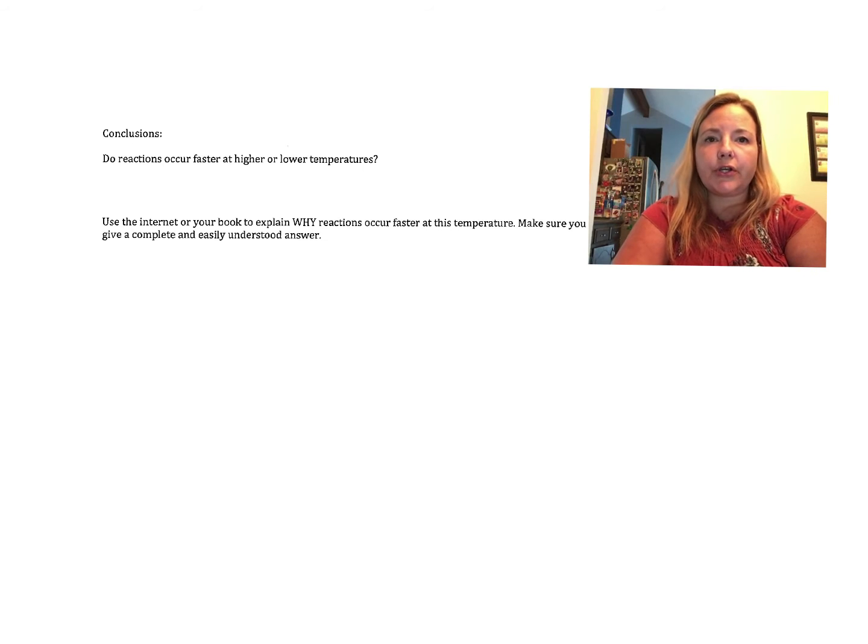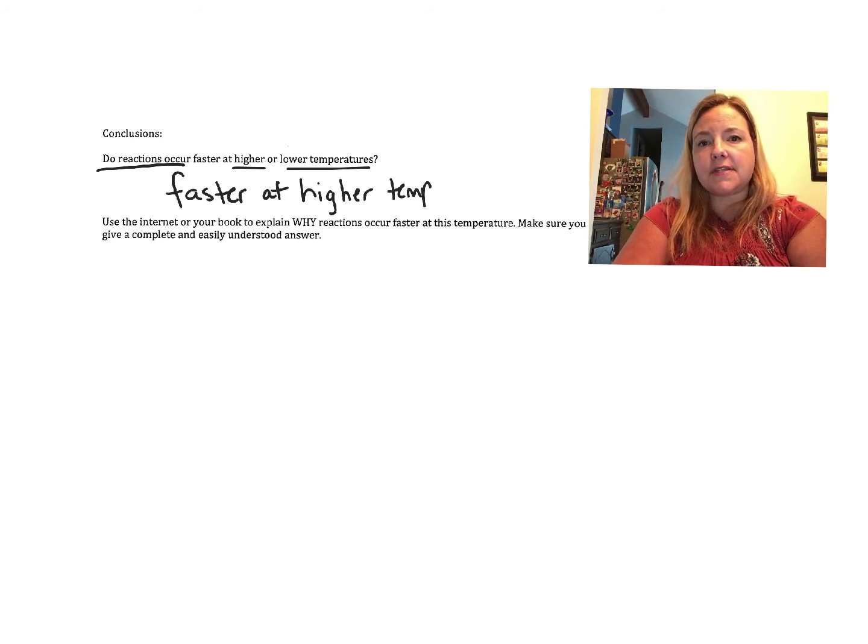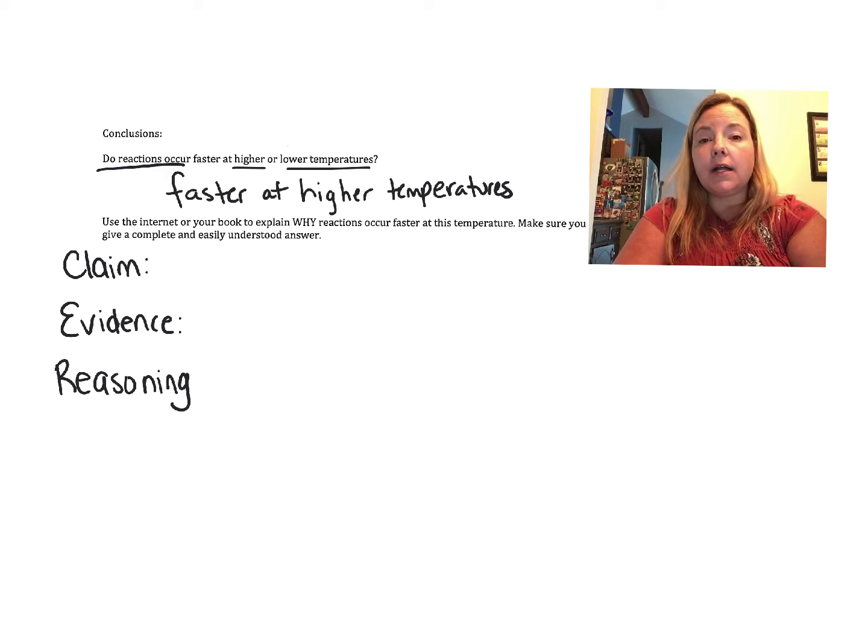So let's answer our conclusion questions. Do the reactions occur faster at higher or lower temperatures? According to our data, the reactions happen faster at higher temperatures. To explain why, we can use the basic claim, evidence, and reasoning method. Our claim is that temperature makes chemical reactions happen at a faster rate at hot temperatures and a slower rate at colder temperatures.